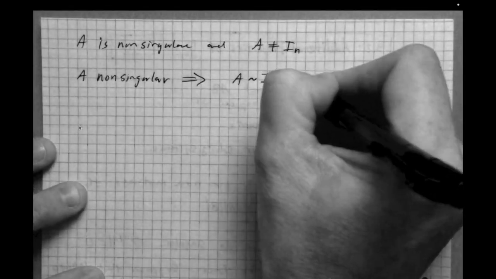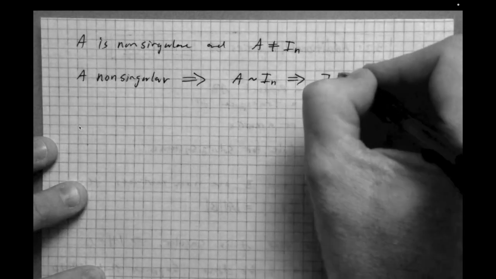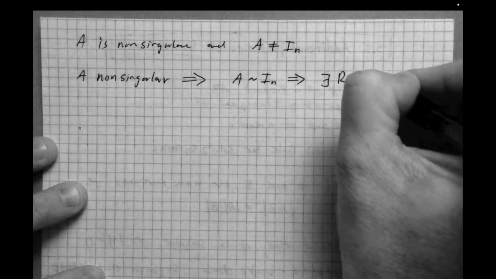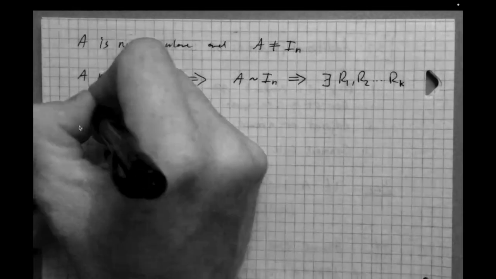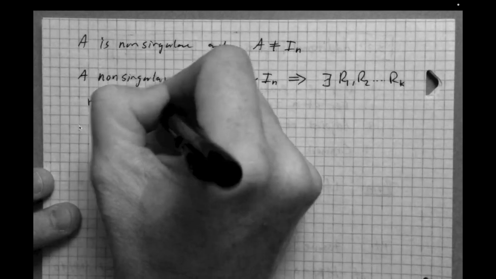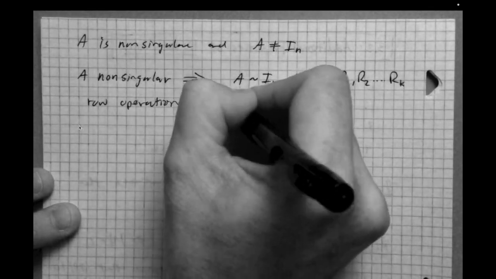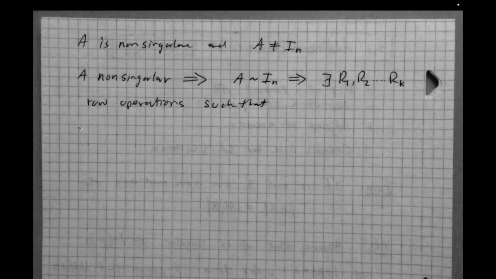Okay, so this implies that there exist R1, R2, ..., RK, however many there may be, row operations, such that normally we think about applying the row operations to A, but remember, row operations are all reversible. So if I know what row operations can be applied to A to get to the identity, then I can just take the inverse operations and apply them to the identity to get to A. And so that's what we're going to do here.